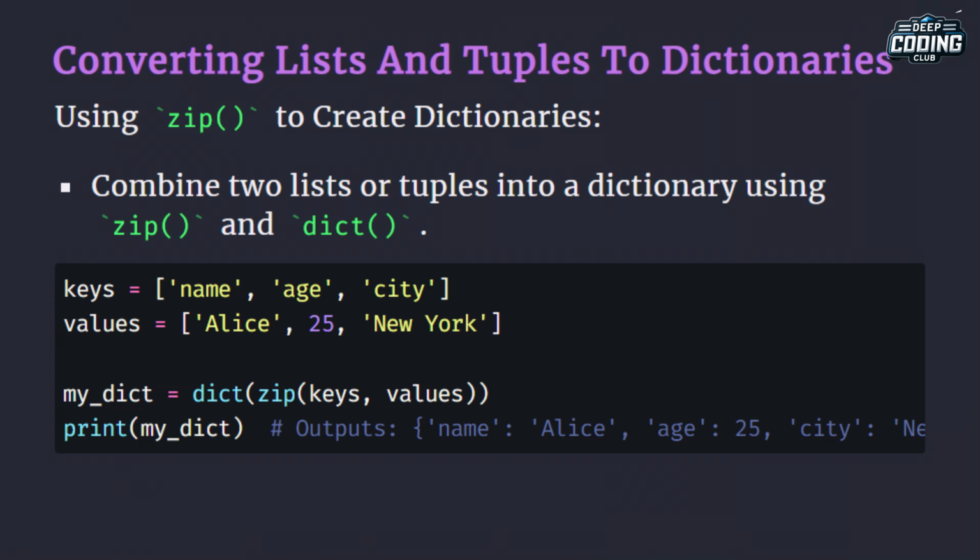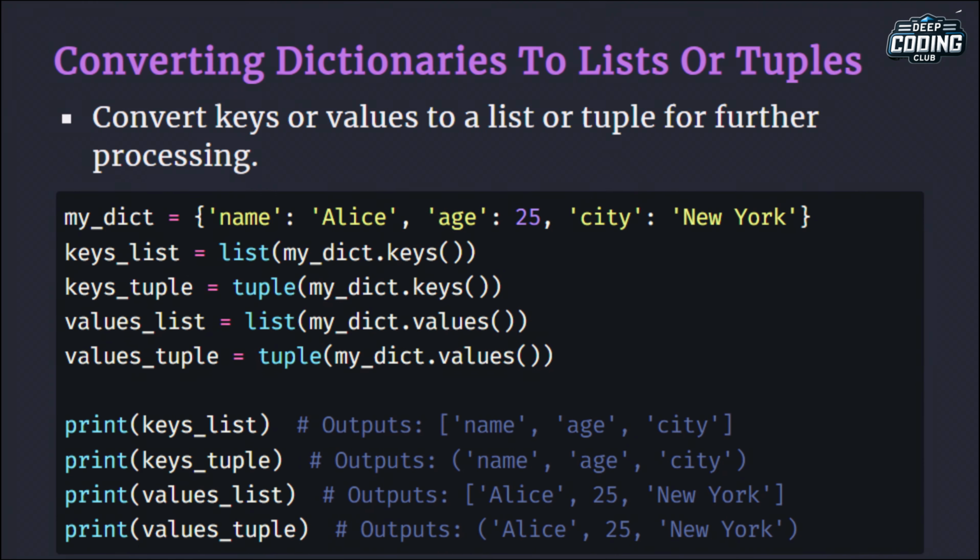And the same way, I can also convert these keys and values separately to lists or tuples. So you can see in this example that I am converting dictionary keys to a list by calling mydict.keys, which will return you all the keys inside this dictionary, and then I call the list function to convert that to a list.